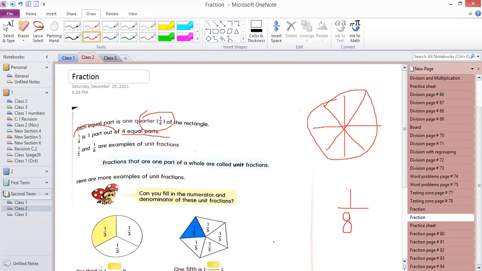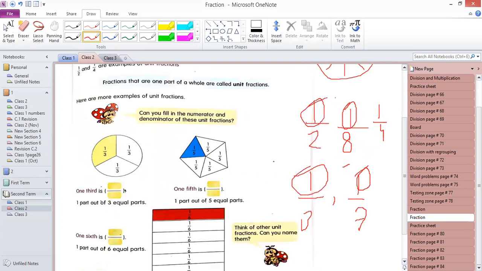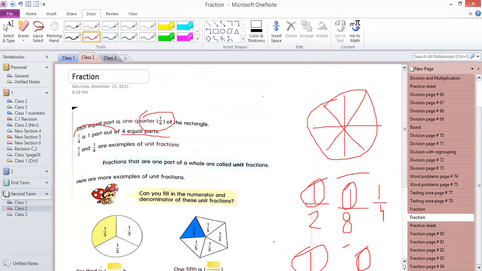This will also be a unit fraction. So in any fraction, if you are interested in only 1 part out of the whole, then this will be a unit fraction, like 1/8, 1/4, 1/2, 1/3, 1/7. Out of any total equal parts, 4, 5, 10, 100, but you are interested in 1 part, all these fractions will be unit fractions.